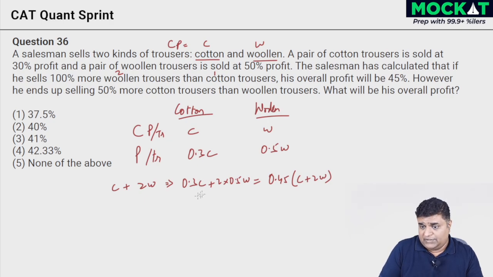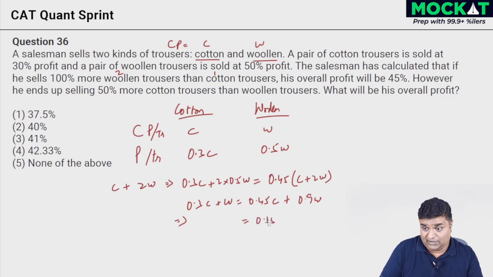So 0.3C plus W equals 0.45C plus 0.9W. You can skip some steps and bring the 0.3C there, and you get 0.15C equals 0.1W, and you get C by W equals 10 by 15, or 2 by 3.